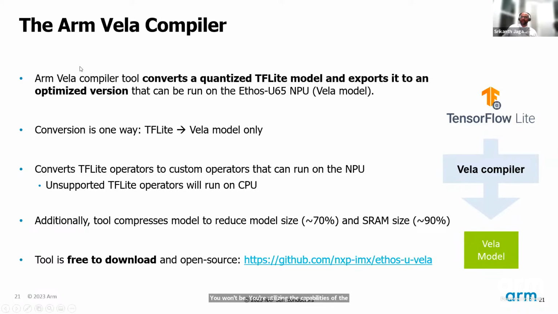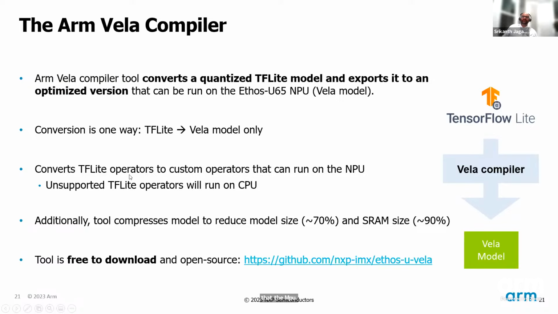Only by having a compiled model can you utilize the Ethos-U65 NPU in the machine learning use case. As I mentioned, it converts the TF Lite operators to custom operators that the NPU can decipher.